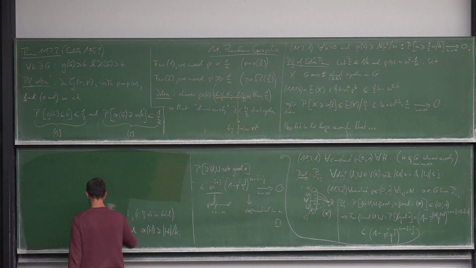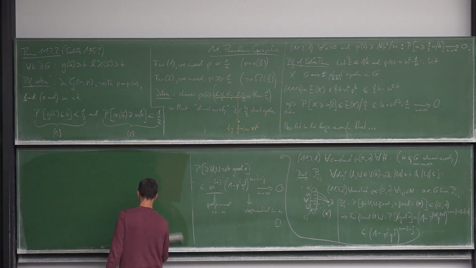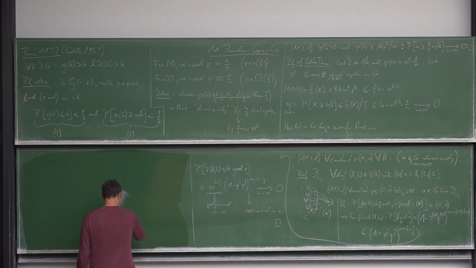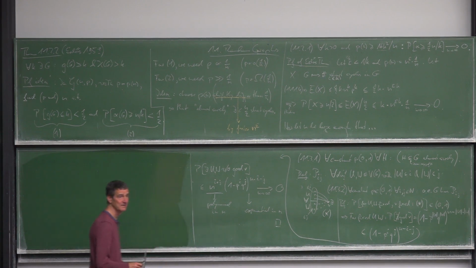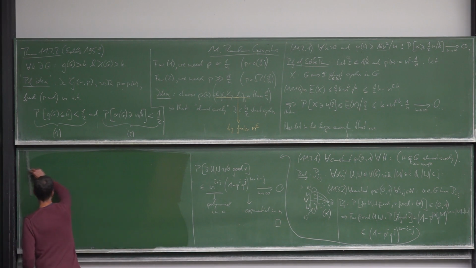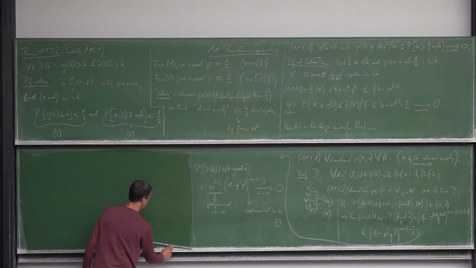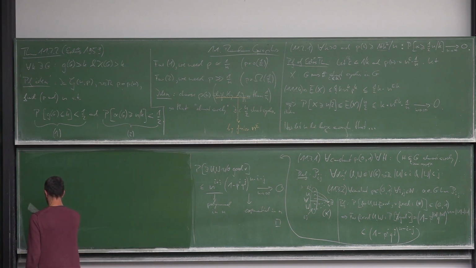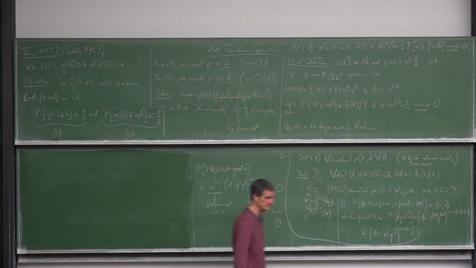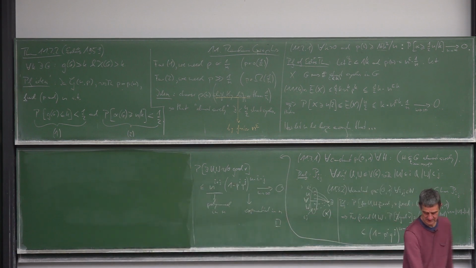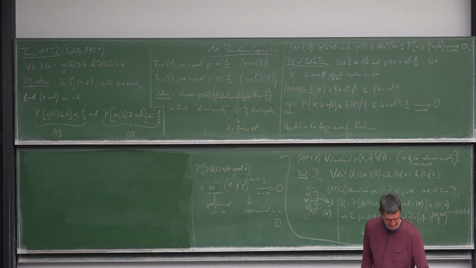I'll just give you one very striking corollary, which once more bears witness to the fact that constant p is a rather big choice of p. So here's the little corollary. That is 11.3.3.